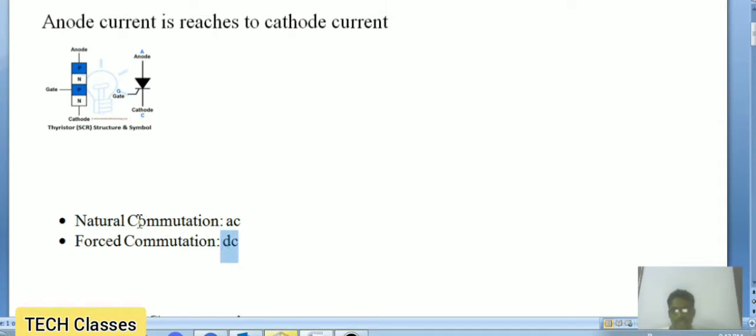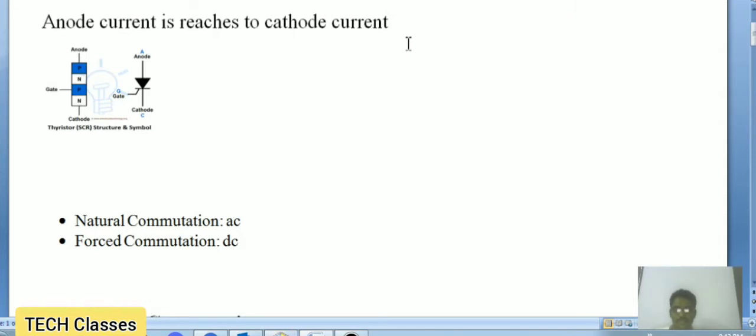Commutation means we apply the reverse voltage to the SCR, then the forward current or anode current is opposite to this commutation current, and the resultant current is decreased.